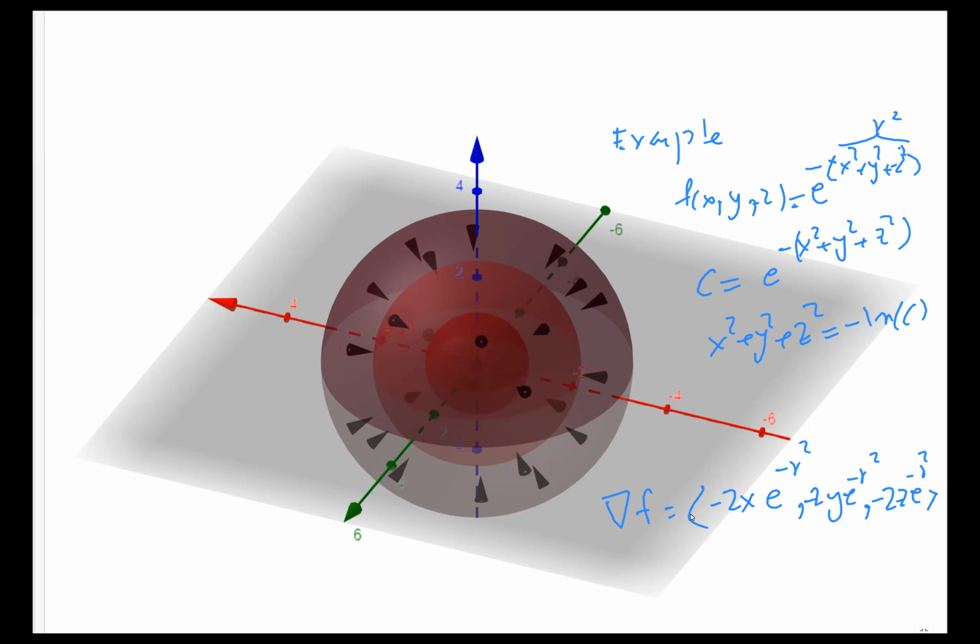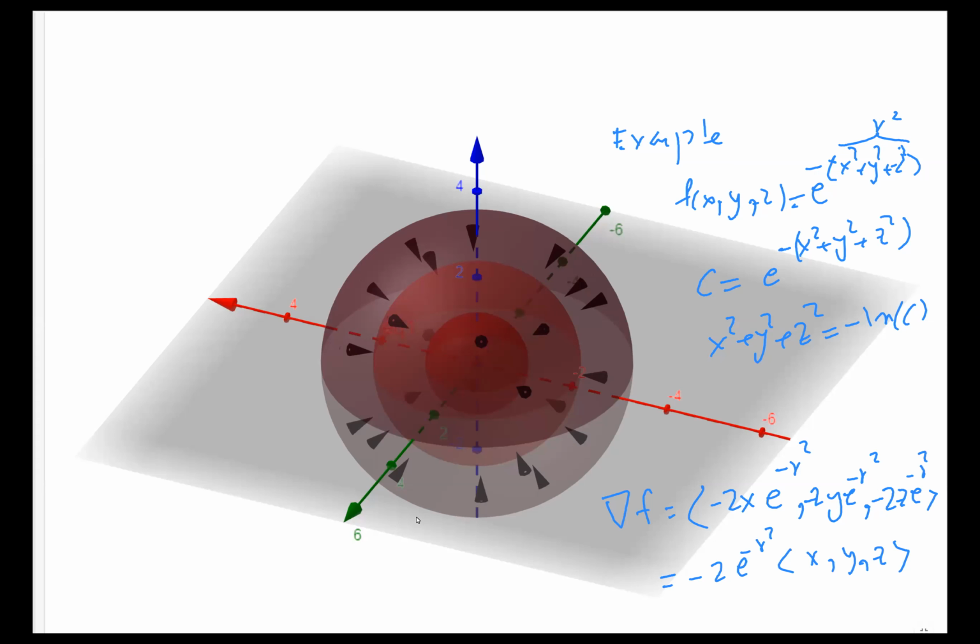You can actually see that from the fact that it's equal to negative 2 e to the power negative r squared times x, y, z. The vector x, y, z is radially outward, and this is multiplied by a negative sign, therefore it's radially inward. And this is the shape that you see.